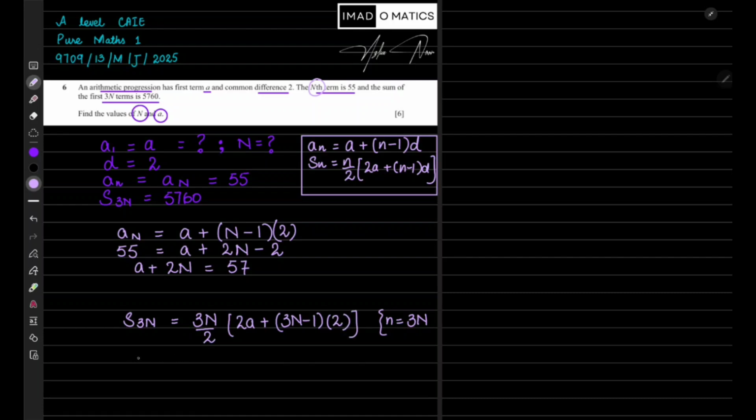So that gives you 5760 equals 3 by 2 n, 2a plus 6n minus 2.